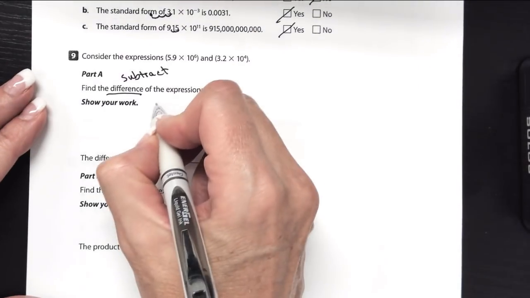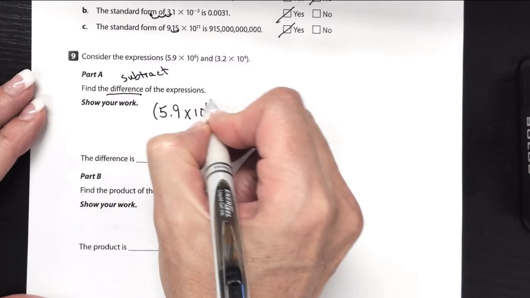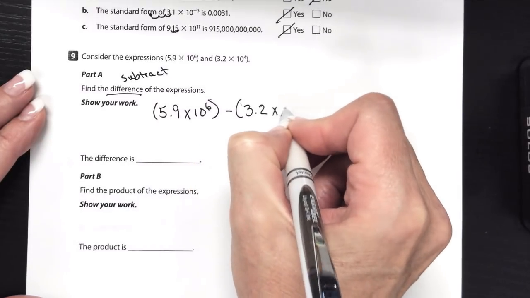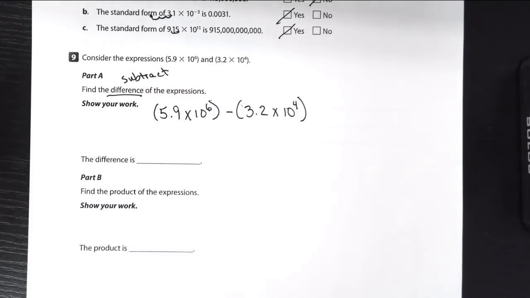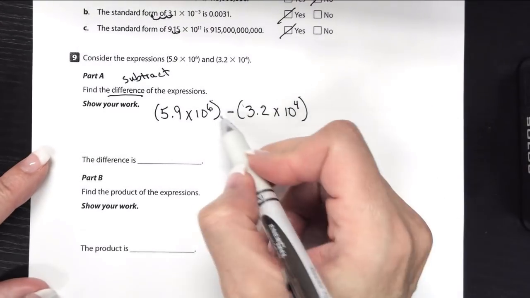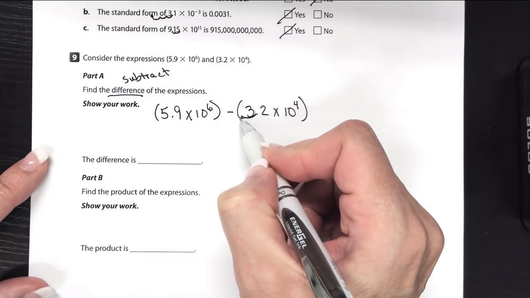So I am looking at 5.9 times 10 to the 6th minus 3.2 times 10 to the 4th. Now, first rule when subtracting is you have to have exponents that match. So I say let's go big. So we need this to be a 6, so that means this decimal has got to move twice.